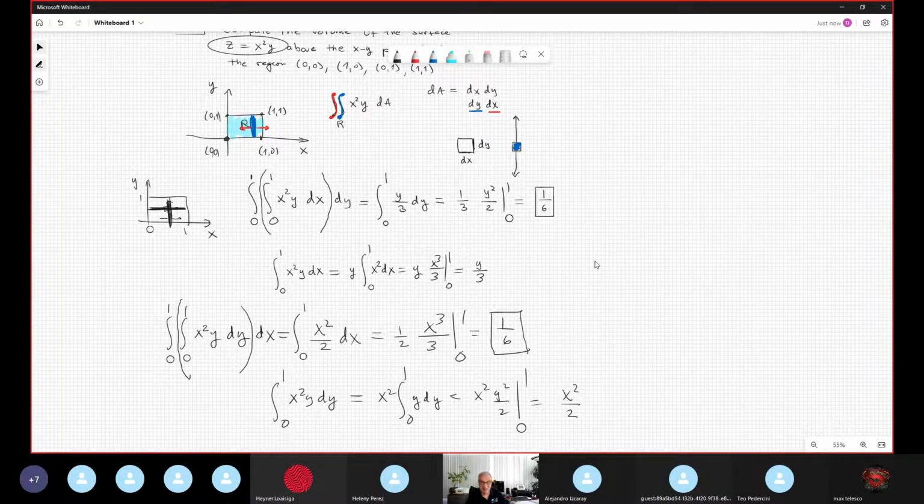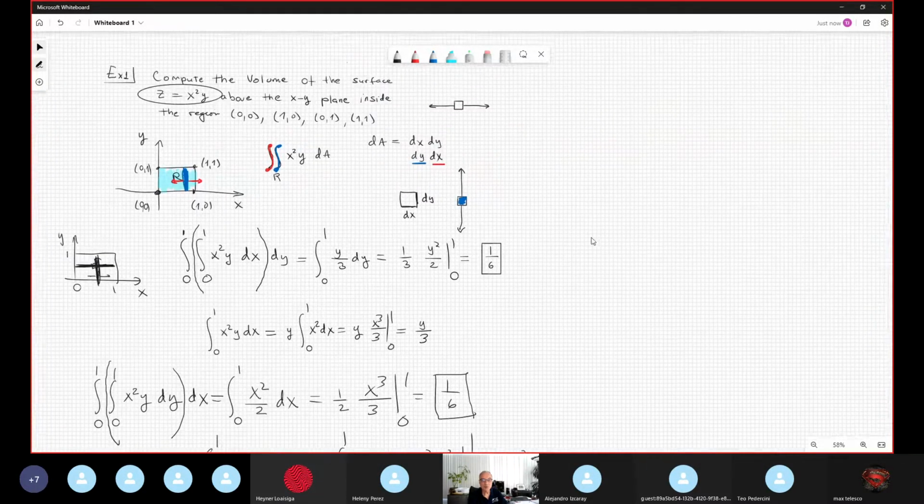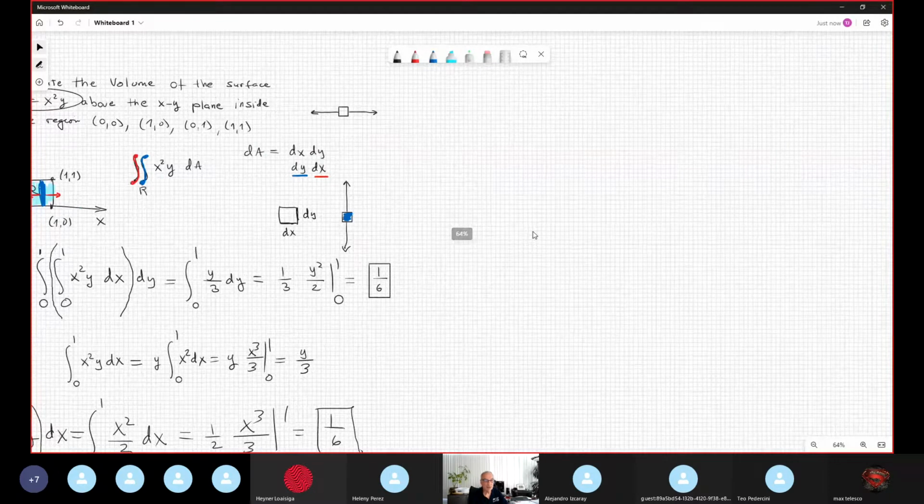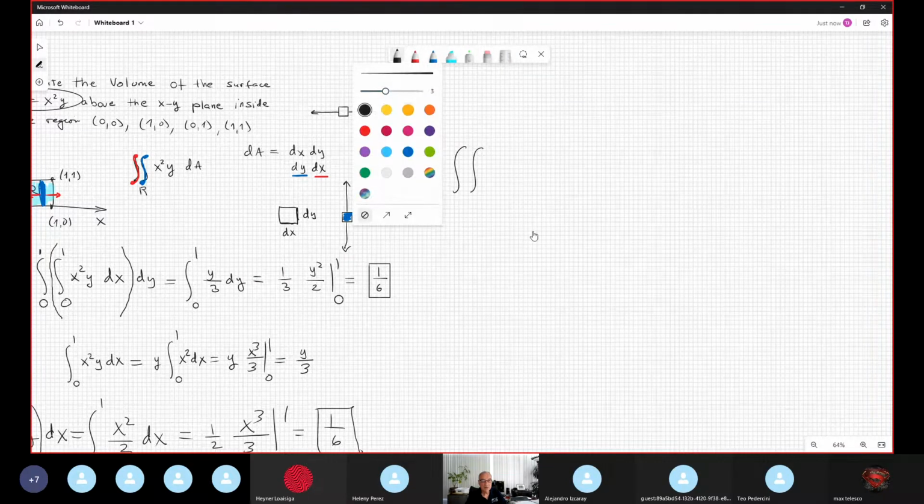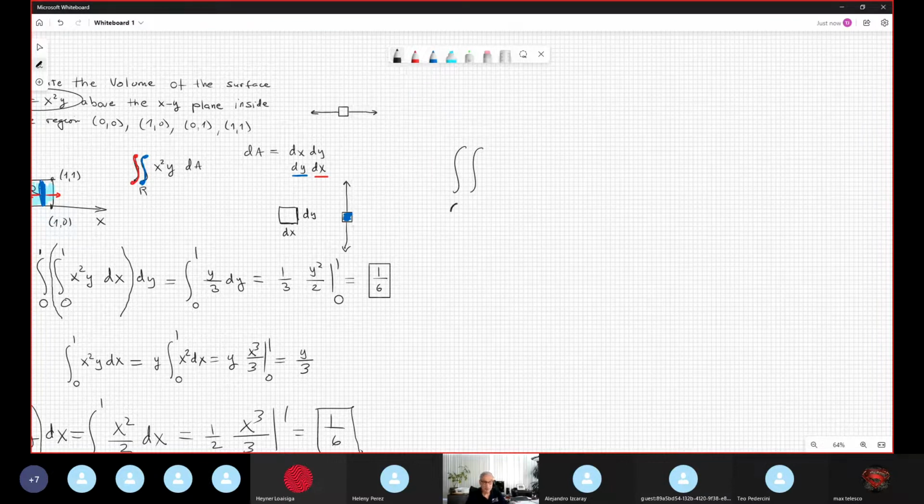However, in this particular special example that I selected for you, we can look. Let me copy my original problem again. It is a double integral. Wait a second. Let me change this a little bit. Double integral from 0 to 1, from 0 to 1.